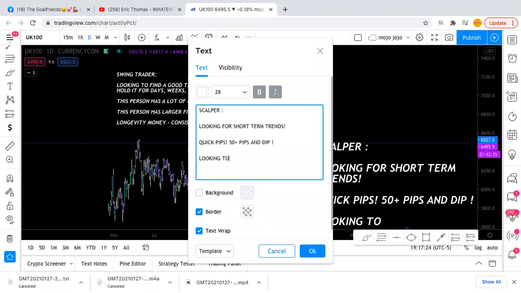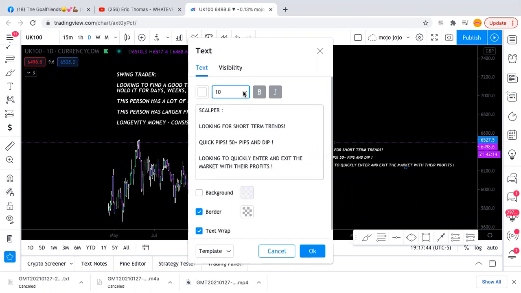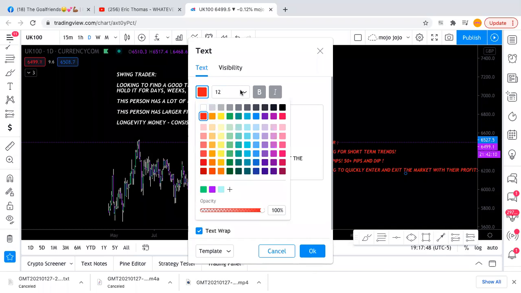A scalper is looking to quickly enter and exit the market with their profits. For those of you that like to trade volatile pairs, indices, and all of that, scalping those pairs is perfect because you don't want to stay in them too long. You just want to get in and out.